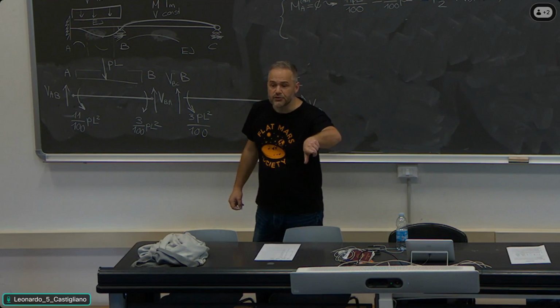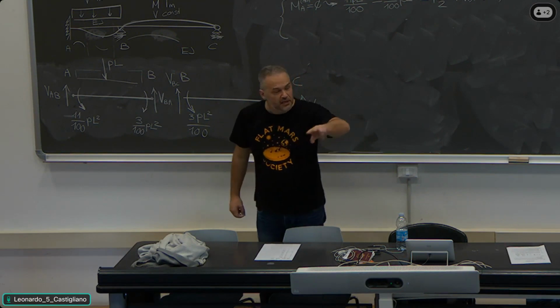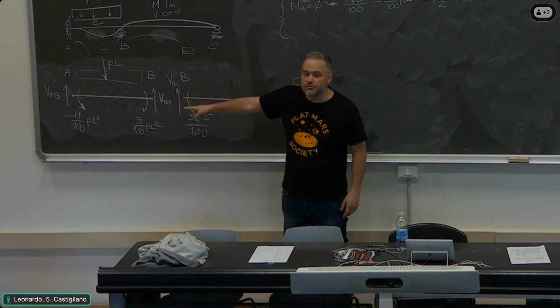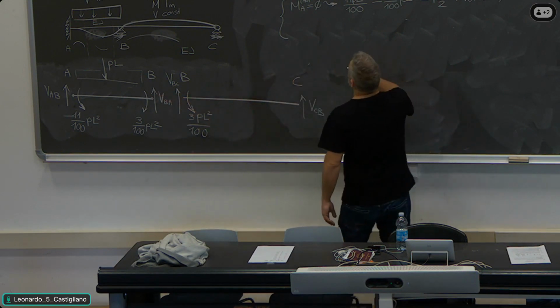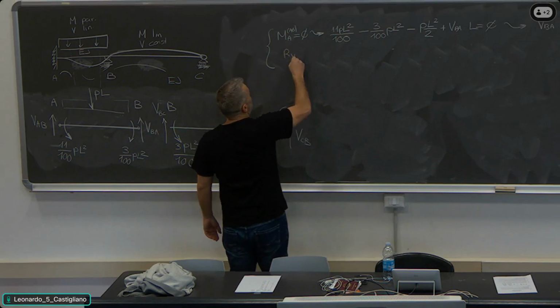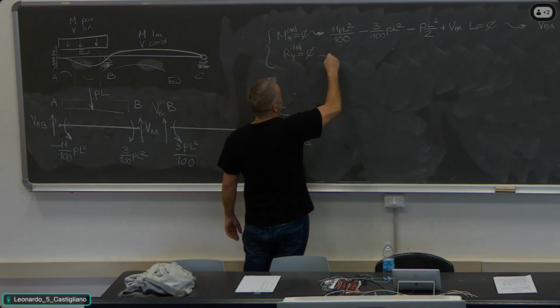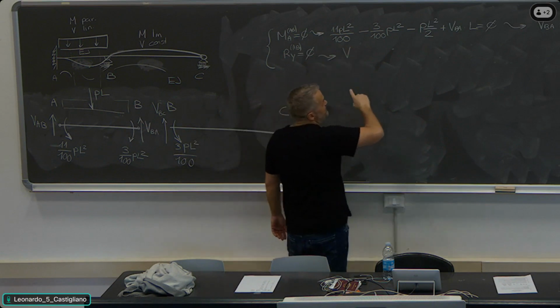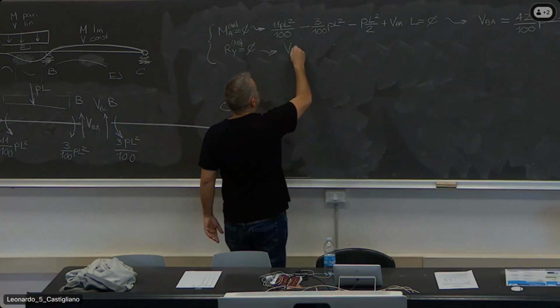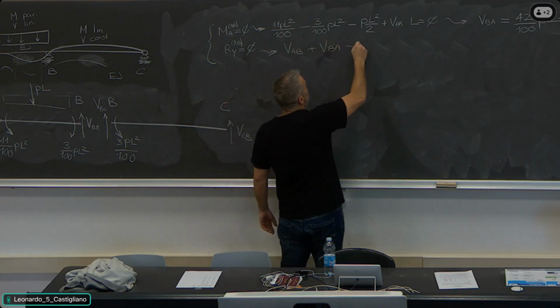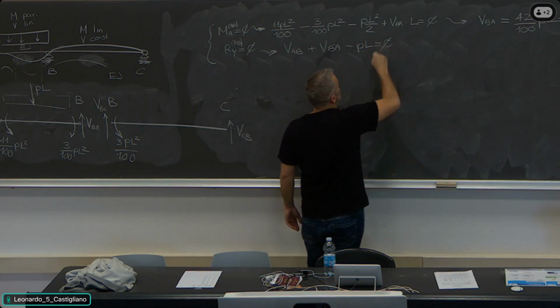Now I will use the translation equilibrium. Because you know the translation equilibrium involves two unknowns, but now one is known. So, what does the translation equilibrium read for this? Simply, sum of Fy equals 0, and I specify here for AB. It's VAB plus VBA minus PL equal 0.